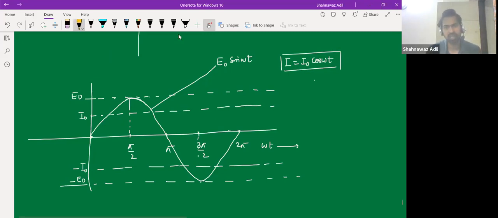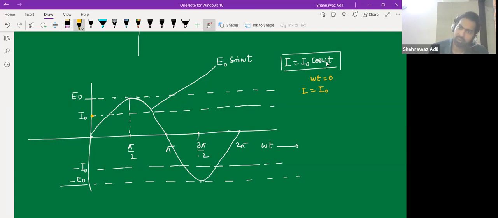What is my I if omega t is 0? So cos 0. How much is cos 0, guys? 1. So at omega t equal to 0, I would be I naught. So this is this point, I naught.